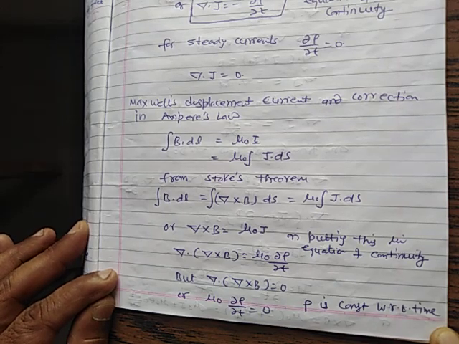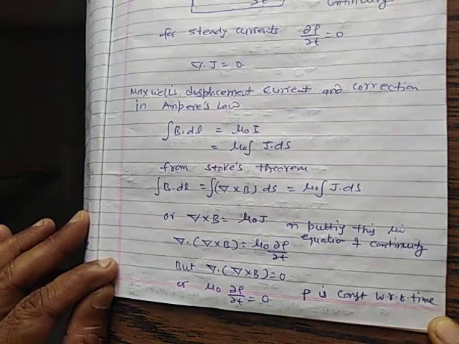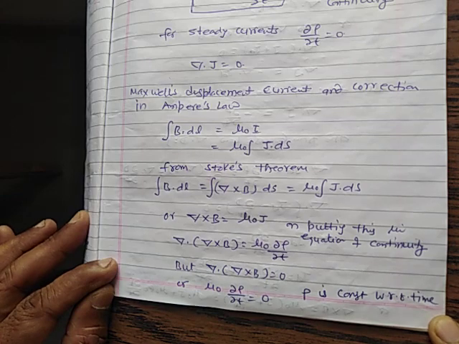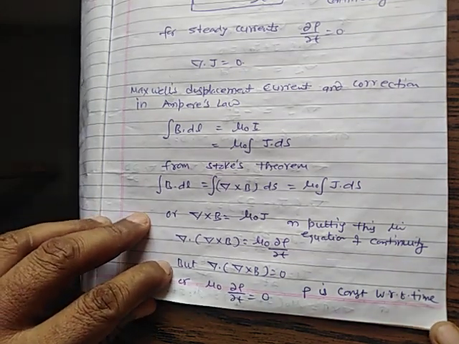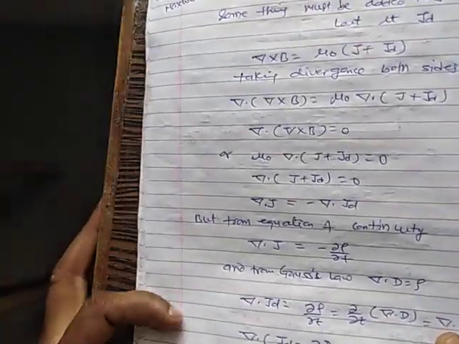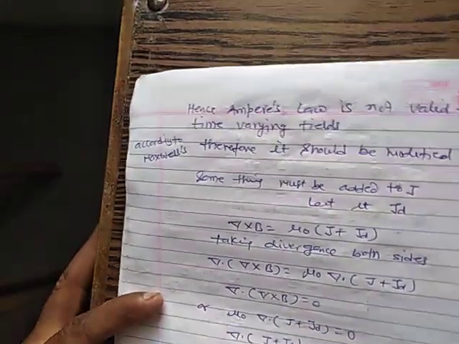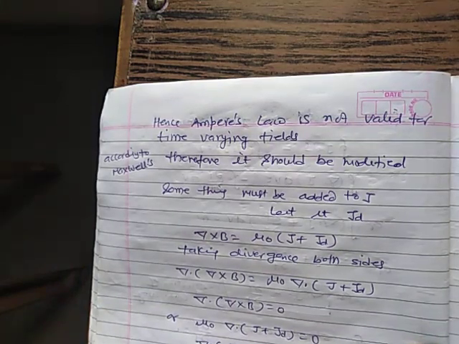On putting this in the equation of continuity, taking divergence, del dot del cross B is 0, so mu 0 del dot j equals 0, meaning del rho upon del t equal to 0. Rho is constant with respect to time here. Hence, Ampere's law is not valid for time varying fields.